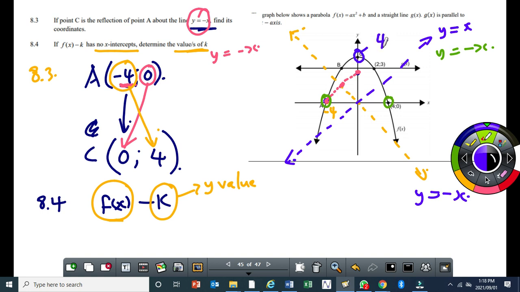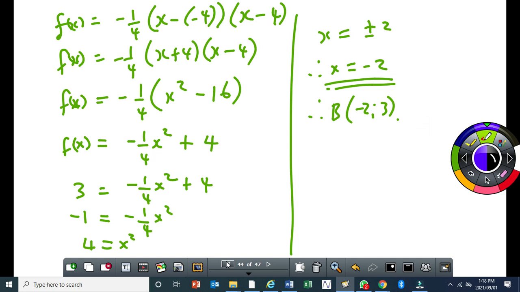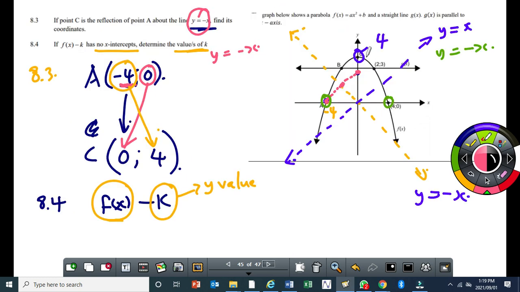I got that when I did the calculation for the equation. When I found the equation, this value here is our q value, the value of y at the turning point. So if we don't want the graph to have any x-intercepts, the question is, what will be the values of k that will make that possible?